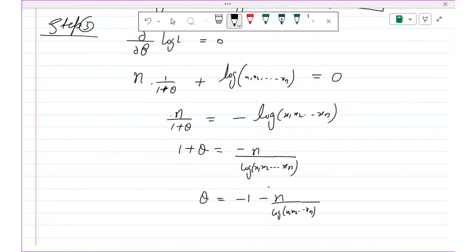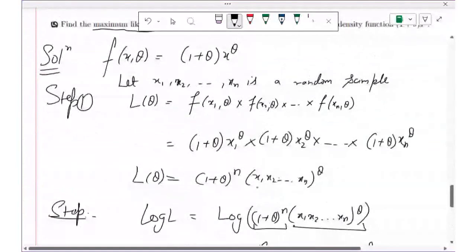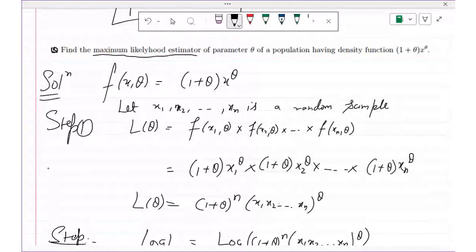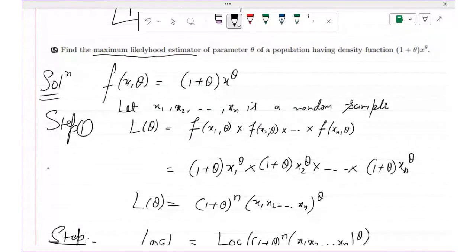Is it fine? Any doubt? Have you done it correctly? Any kind of doubt in this question? If any student has a doubt, then you ask.